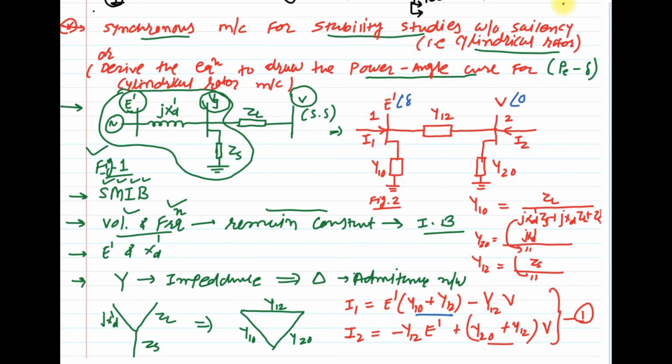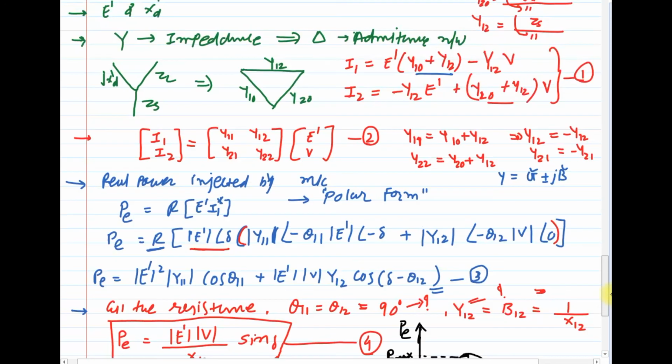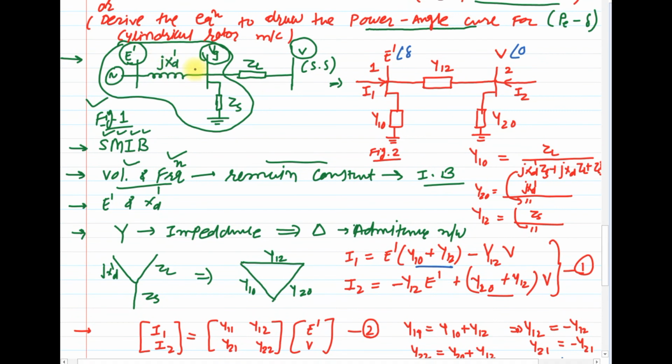Let us understand one more thing. Here we have derived the power angle curve for the SMIB system, and the title of the theory is synchronous machine modeling for stability studies without considering the saliency effect, that is, for the cylindrical rotor machine. For that we considered the single machine infinite bus system.